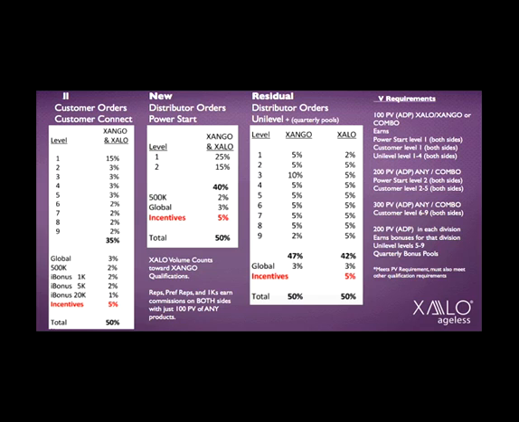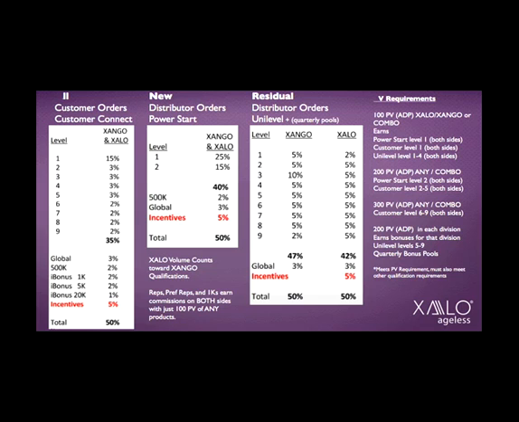So as people are ordering these products, you're going to get paid through 9 levels. And over on the XALO side, if it's XALO product, you're going to get 2% off of all your level 1 distributors and 5% off of all the XALO volume by your 2nd, 3rd, 4th, 5th, 6th, 7th, 8th, and 9th levels.